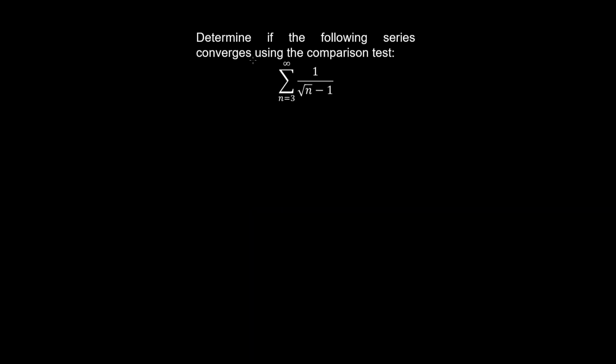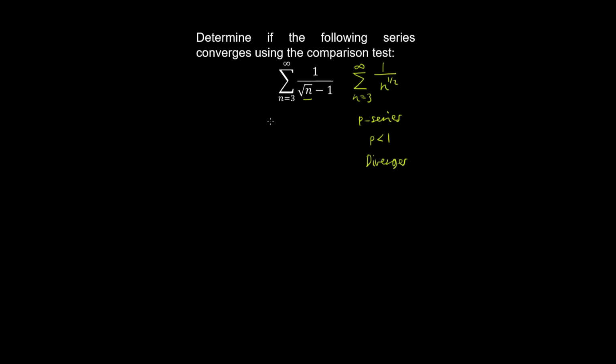Let's determine if this series converges using the comparison test. So for a large n, we recognize that the first term is dominant, and we might write this as the following series. And now we know this here is a harmonic P series with the exponent P being less than 1, so we know that this diverges.